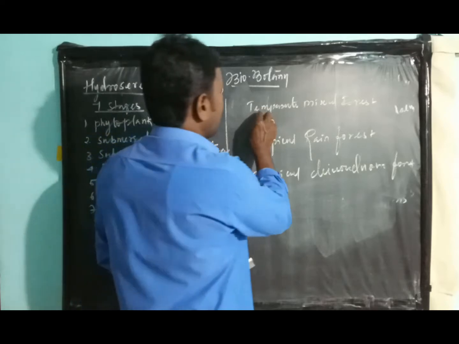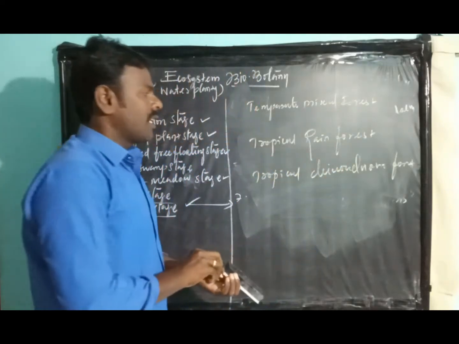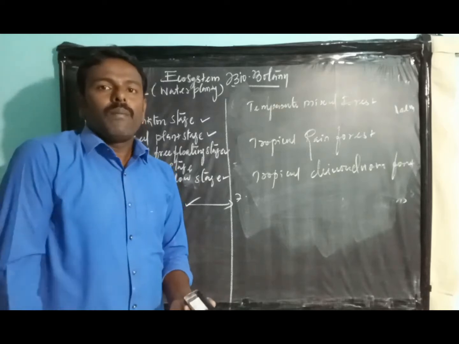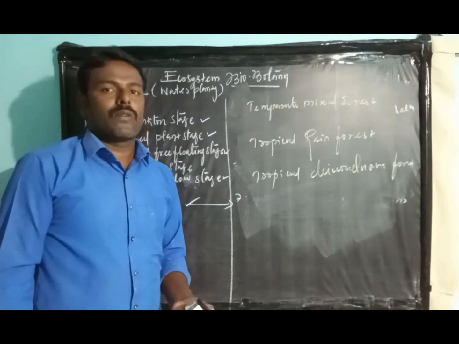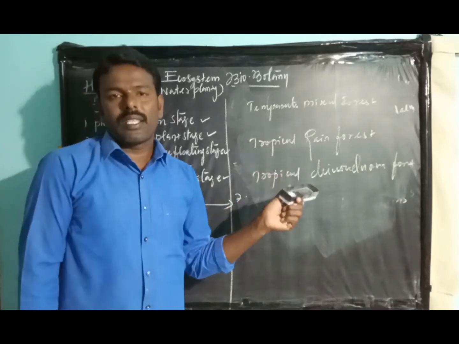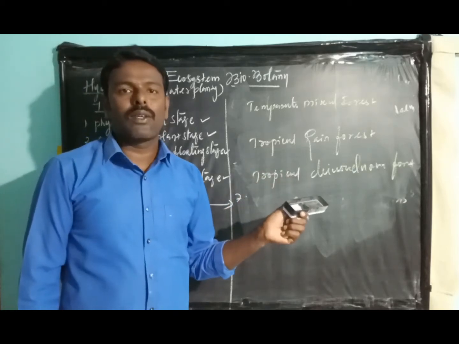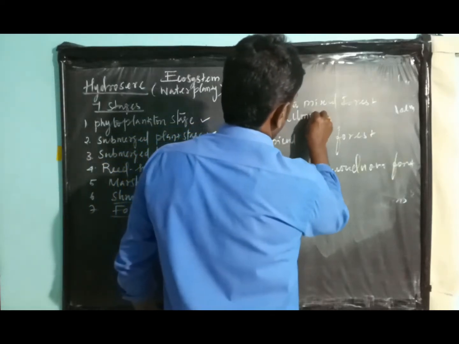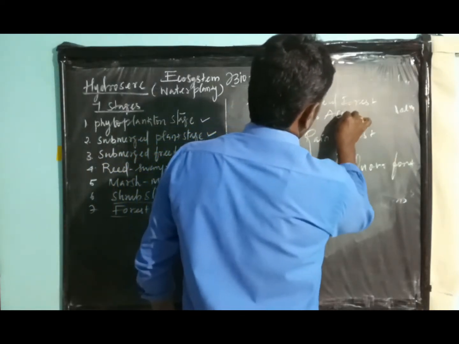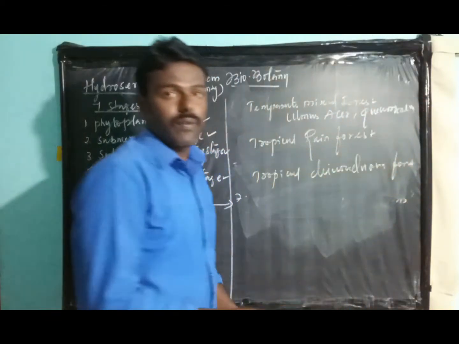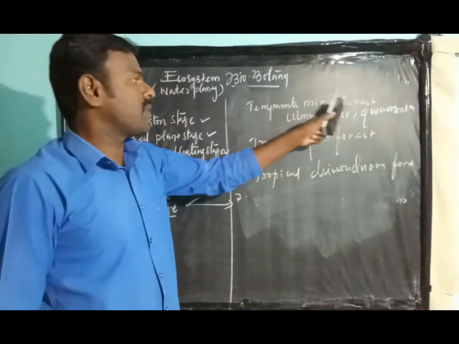For example, in the temperate mixed forest: Ulmus, Acer and Quercus. Those are examples for temperate mixed forest.